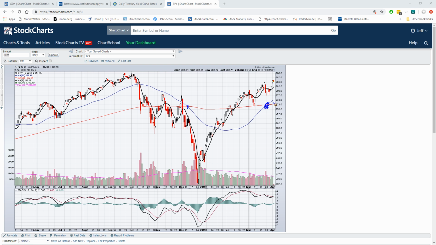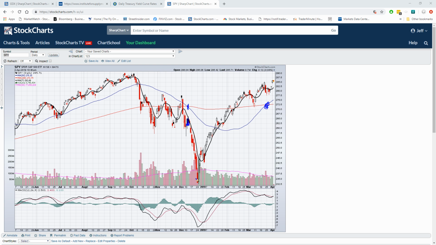But I want to show you something in this recent cross. The market had what's called a death cross, right here at about 260 on the S&P. That's when the 50-day moving average moves below the 200-day moving average. That's referred to as a death cross.